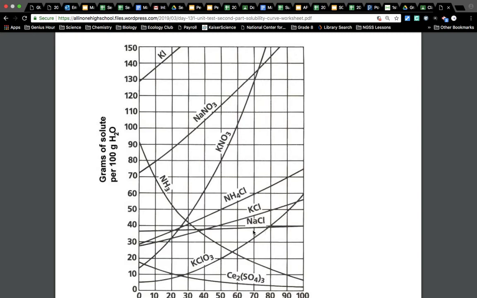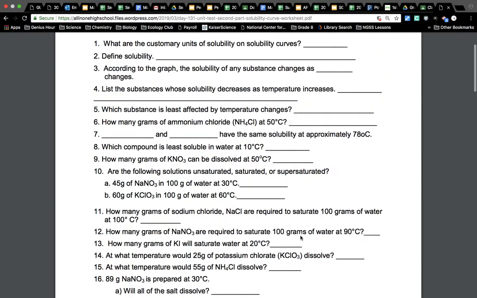It has a small slope to it. So that one shows you it's least affected by increasing temperatures. And in some ways you know that too. It's very easy to get salt to dissolve in water. Getting hot water doesn't really increase the ability for it to dissolve. A little bit, but not too much.